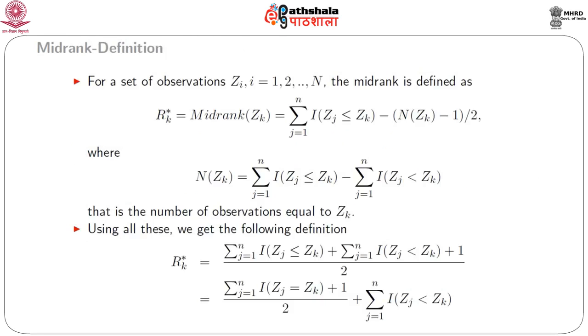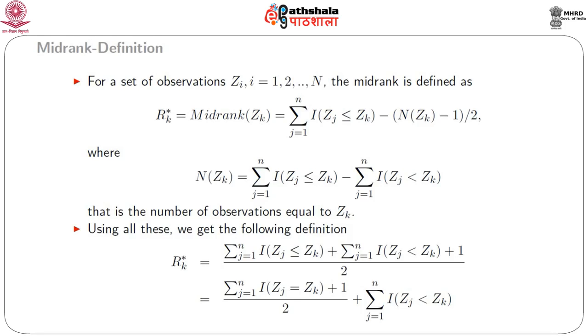So now we shall define mid-rank mathematically. For a set of observations Zi, i from 1 to n, the mid-rank is defined as Rk star, which is the sum of the indicators Zj less than or equal to Zk, where the sum runs from j from 1 to n, minus (n Zk minus 1) divided by 2, where n Zk is the number of observations equal to Zk.